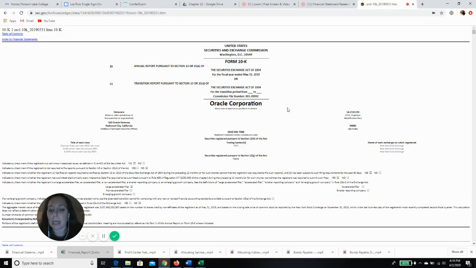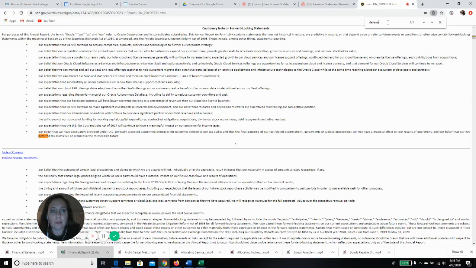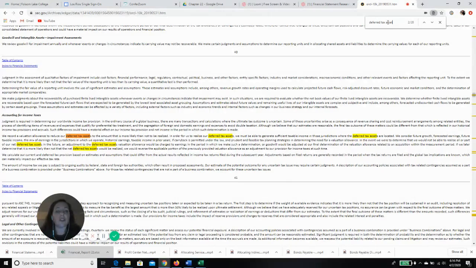So if I hit on my keyboard Control F, that's the search. It brings up the search box up here, and then I'm going to type in what I'm looking for. So I'm going to type in deferred tax asset and hit enter. And this tells me there's 28 places deferred tax asset is mentioned within this 10K.